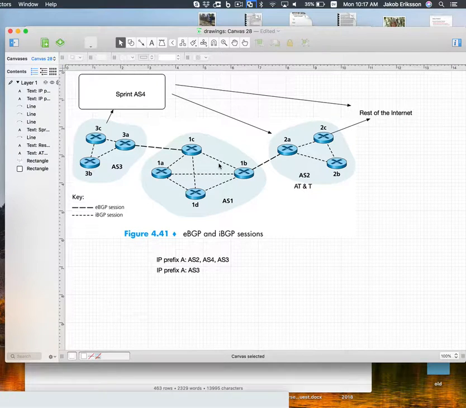Well, okay, so basically it's a business decision. It's been decided internally within AS1 that for all of the prefixes that we are directly connected to by some peer-to-peer link like this, we will use that peer-to-peer link. And you could also add an extra rule, again, strictly internally, say, except for this other one link.